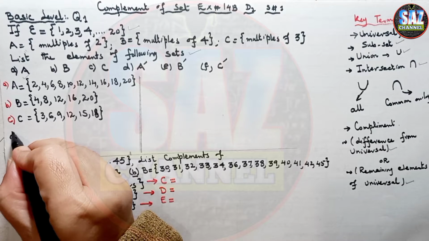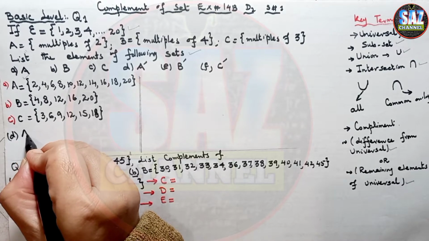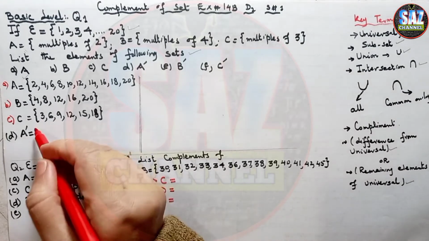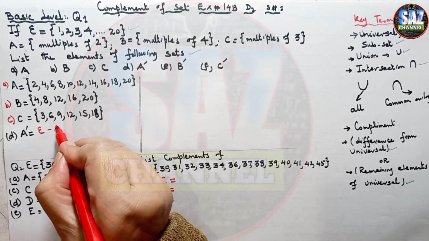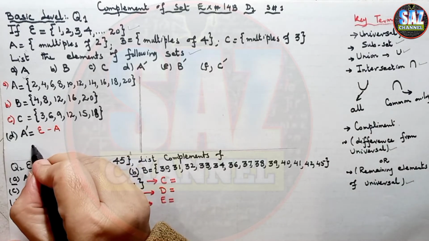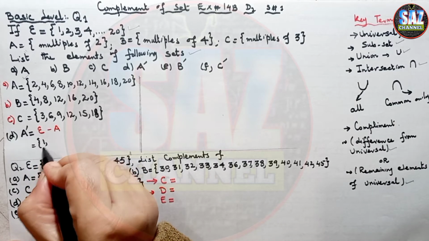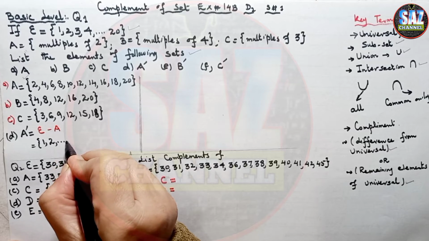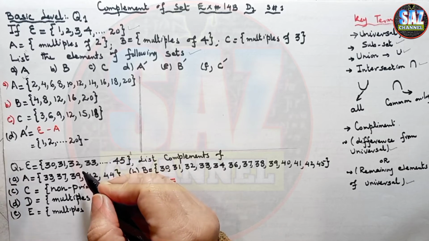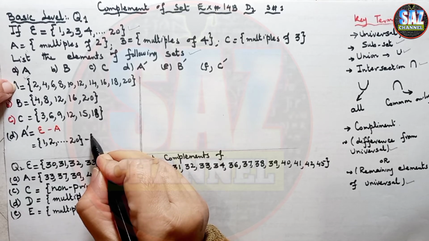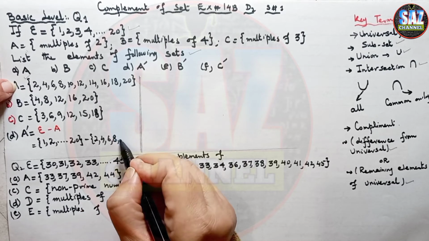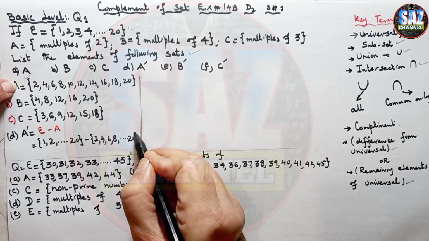This is part D and I need to find A complement, and the formula for A complement is universal minus A. Now what I have to do is write the elements of universal, that is the first positive natural numbers 1, 2, 3 till 20, and set A, which consists of multiples of 2: 2, 4, 6, 8, and then I can write the last element.